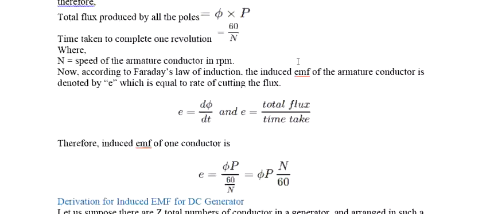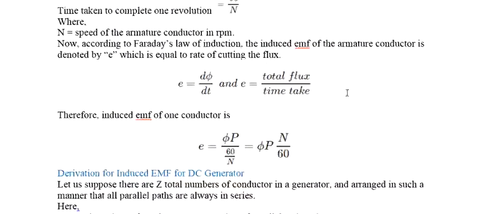So now we will see EMF. As per Faraday's law, what is the magnitude of induced EMF? It is the rate of change of flux with respect to time. So here we are neglecting the negative sign, that means we are considering only magnitude, and that will be total flux divided by the time taken for producing that flux.